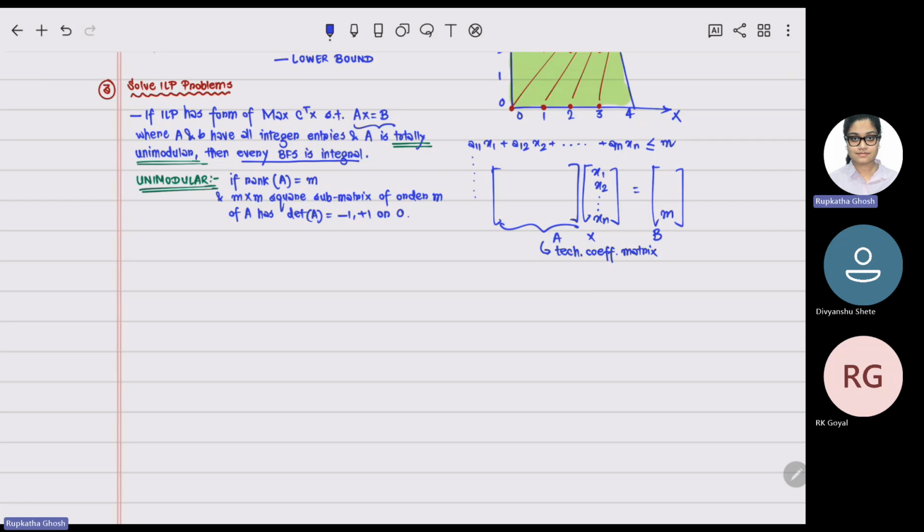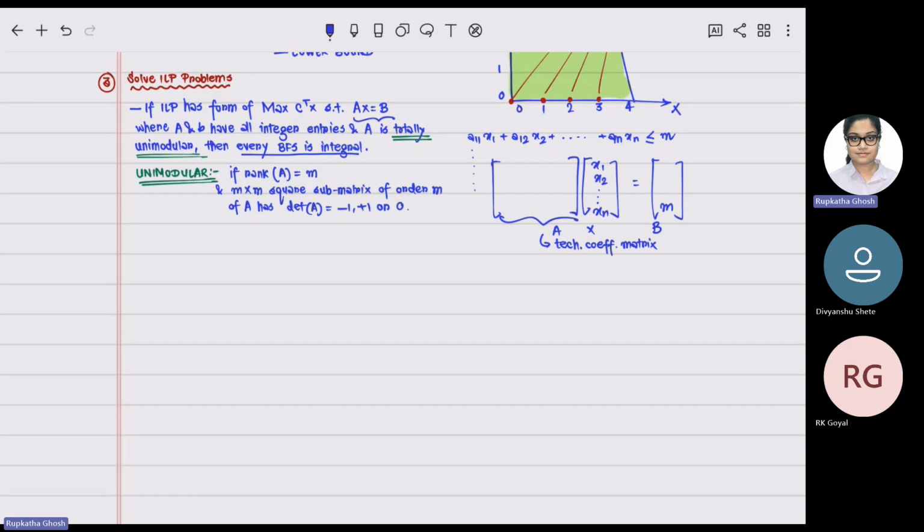Mostly even if this requirement is met, usually they call that, okay, my matrix is totally unimodular. Okay, so this is called unimodular.